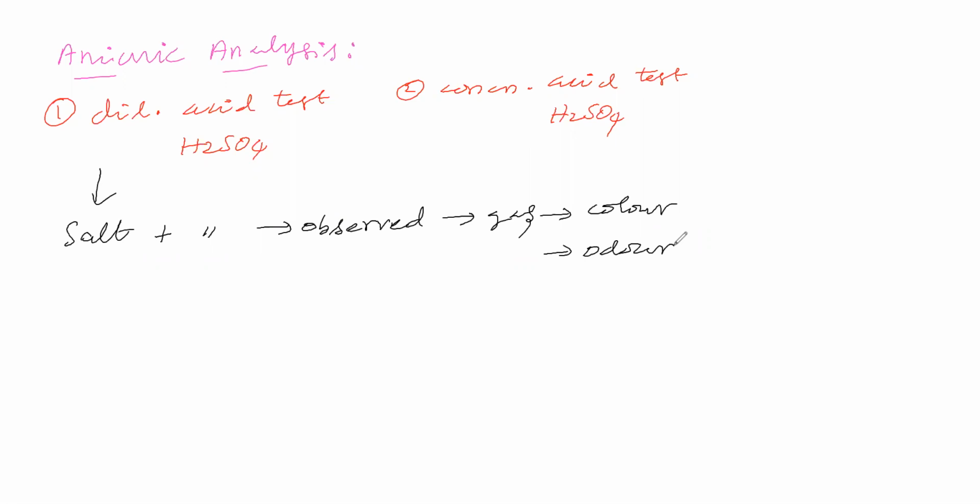If there is no gas evolution, then warm the contents and observe. Is there any gas evolution? If it is evolved, what is the color and what is the odor? We have to observe it. So to do the dilute sulfuric acid test, you take a salt, add dilute sulfuric acid and observe any gaseous evolution.